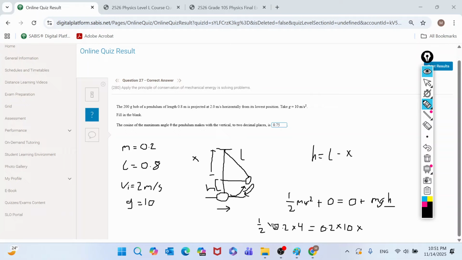Times the height. You solve this, you're gonna get the height is equal to 0.2. Okay, let's write that here with the given that we have. Height equals 0.2. Okay, now let me erase this first to have the space.